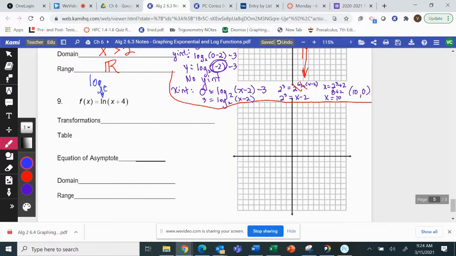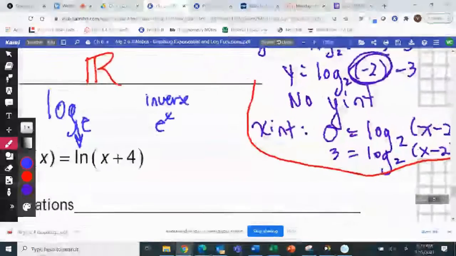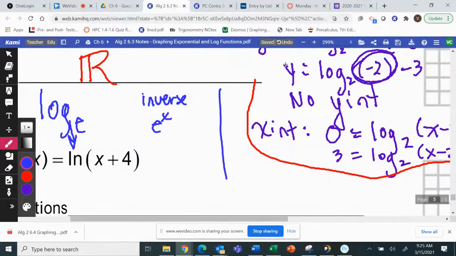So we are going to start with the inverse of e to the x. That's where I'm going to start this one. Inverse, e to the x. Negative 1, 0, 1, y equals 0. Memorize 0.4, 1, 2.7.